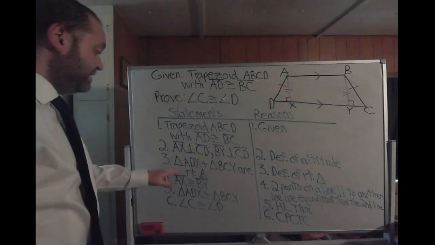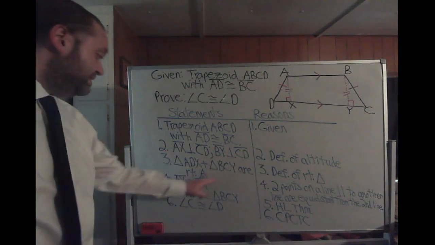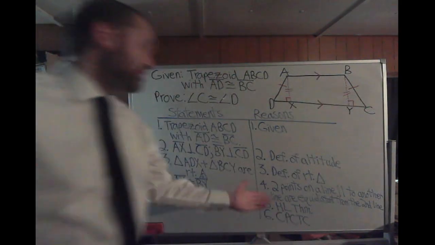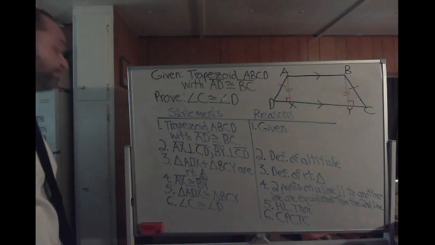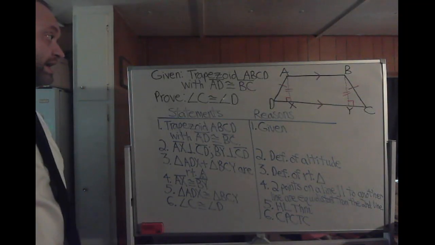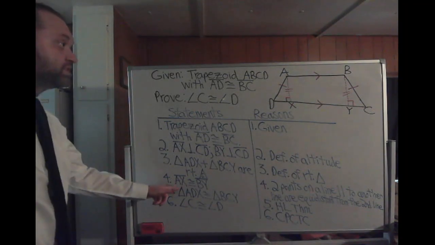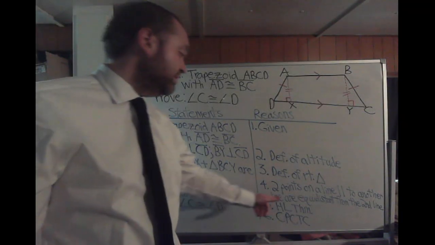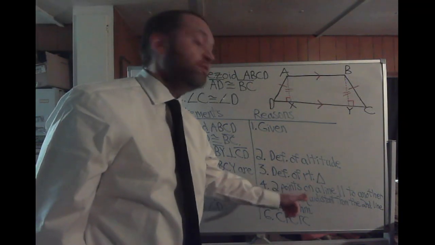Next, we could say that triangles ADX and BCY are right triangles since they both have right angles in them, by the definition of a right triangle. And then we can go on to say that AX is congruent to BY by that theorem that two points on a line parallel to another line are equidistant from the second line.